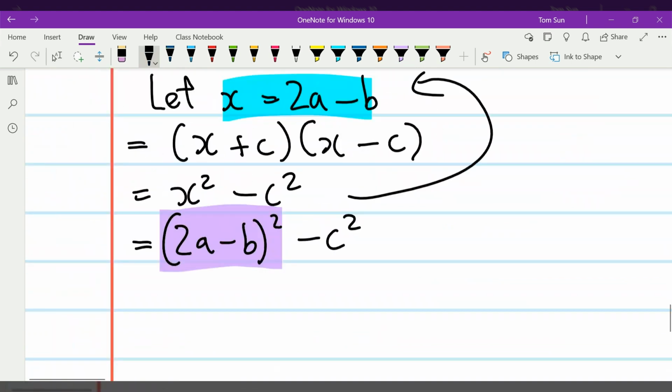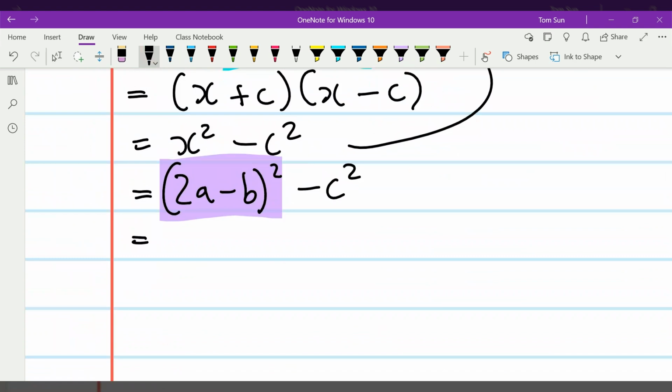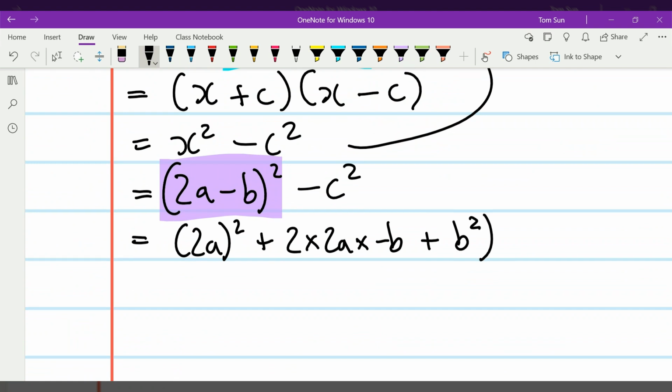So we'll just do the perfect square expansion. It's going to be equal to 2a squared, then plus 2ab, so 2 times 2a times negative b, plus b squared. Plus, of course, we had to write minus c squared because there's a minus c squared at the end.